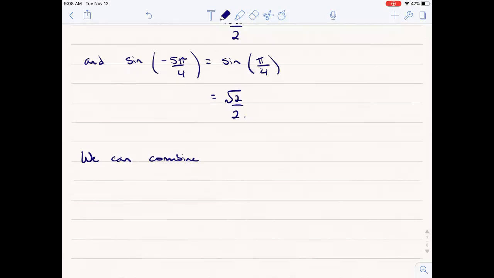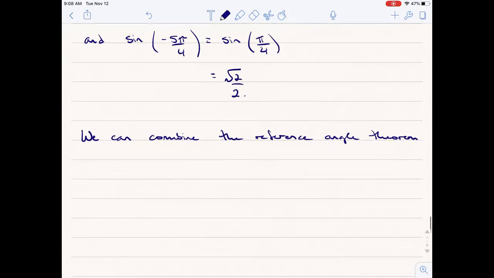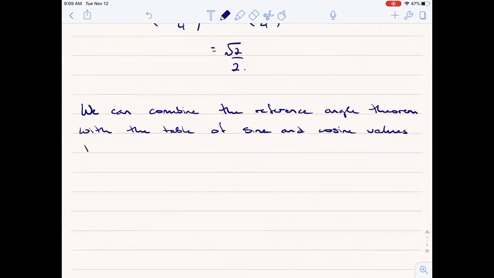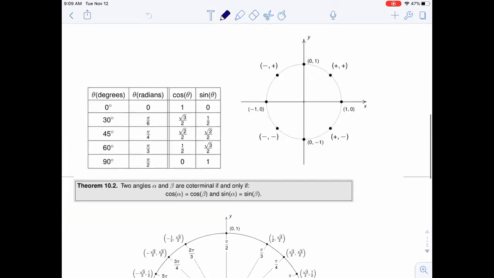So we can combine the reference angle theorem with the table of sine and cosine values to generate something that looks like this.